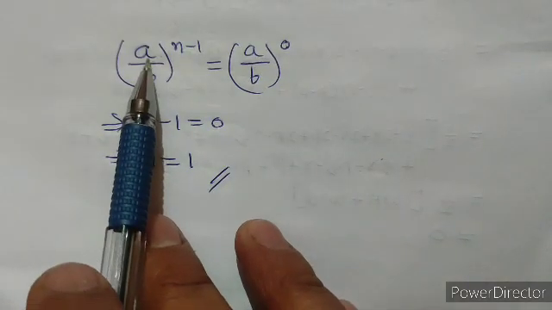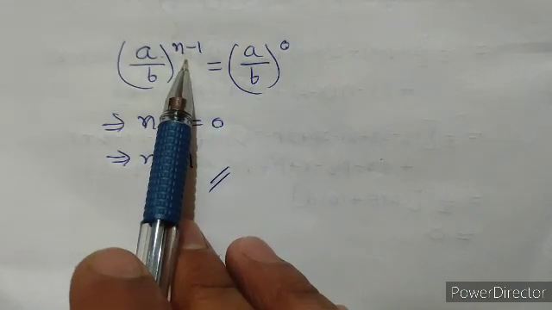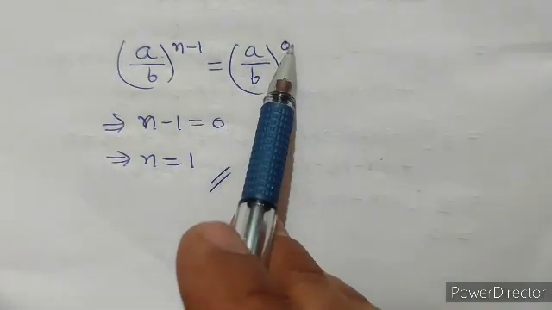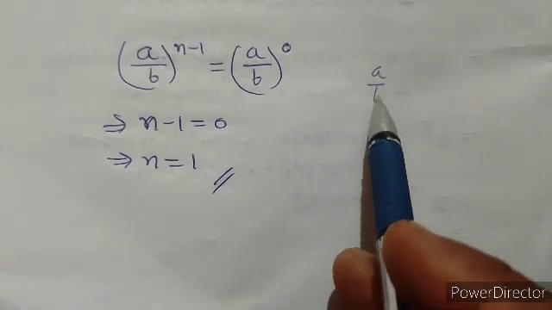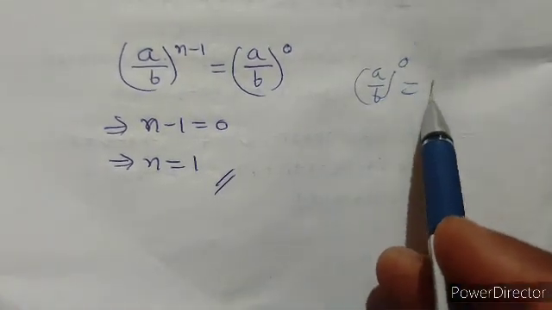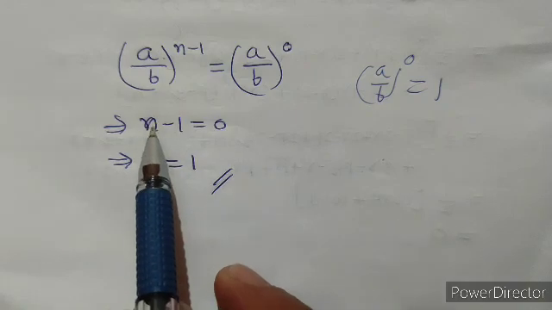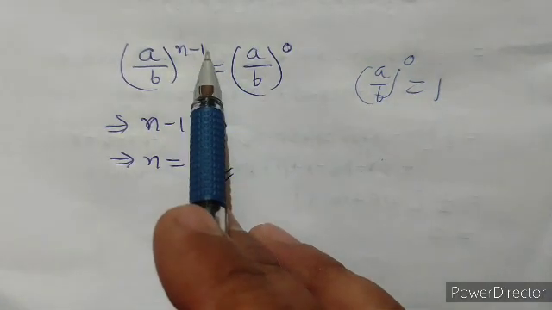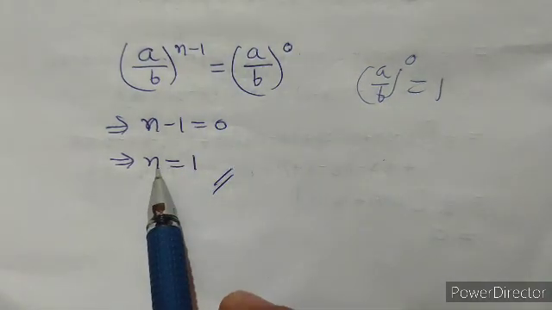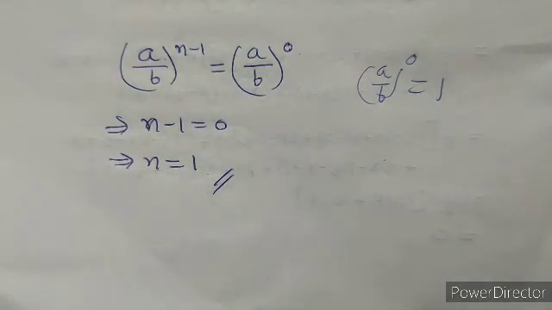So this can be written as (a upon b) raised to power n minus 1 equal to (a upon b) raised to power 0, as (a upon b) raised to power 0 will be equal to 1. Here bases are same, so n minus 1 will be equal to 0. That means n will be equal to 1.